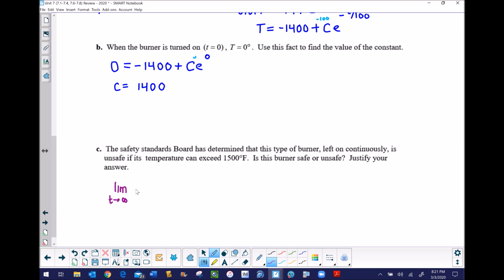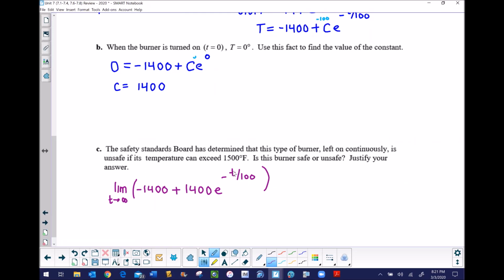So if we take that t equation, which remember it's up at the top of the screen, negative 1400 plus the c, which is positive 1400, e to the negative t over 100, what does this thing become? Well, let's see. Let's let this t grow to be really big.